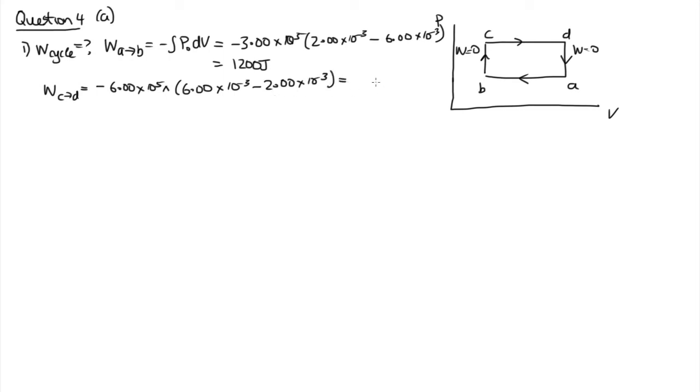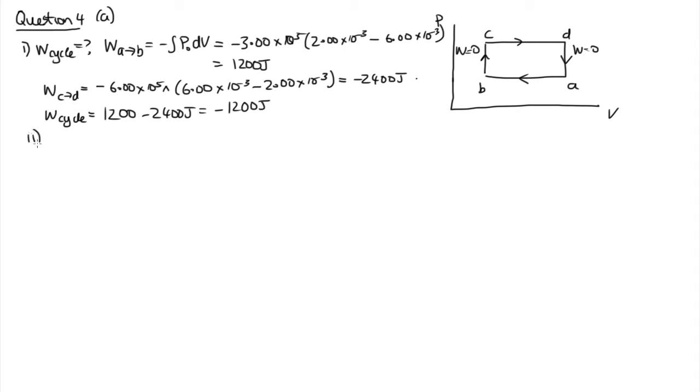So solving this one, we end up with minus 2,400 joules, and so the work done around the cycle is equal to the 1,200, and then we've got the 2 zeros, minus the 2,400 joules, so that's equal to minus 1,200 joules is done on the gas around the cycle.